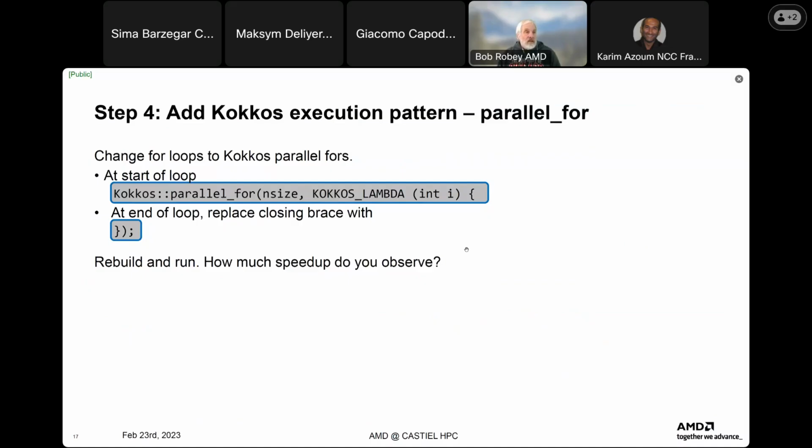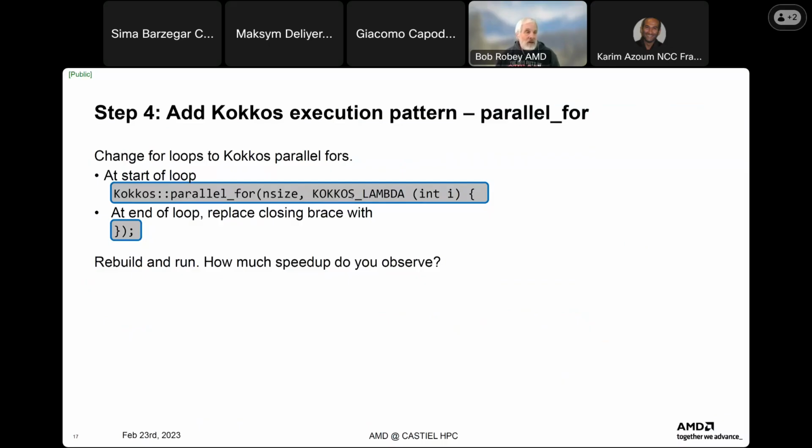So now we're going to implement that parallel for execution pattern. And we simply add the Kokkos parallel for at the start of the loop and close off the loop.